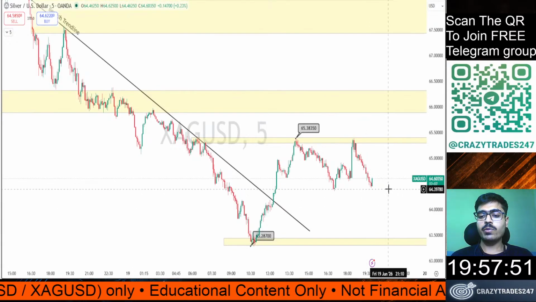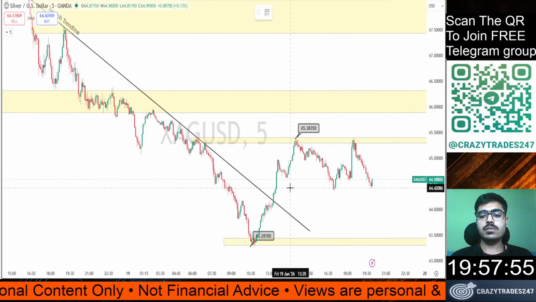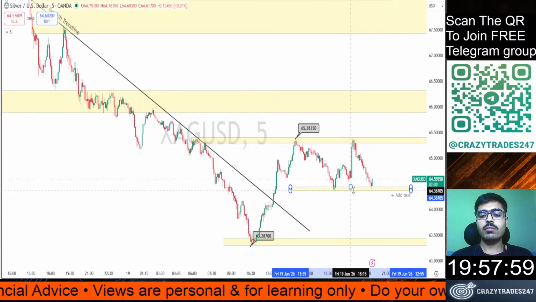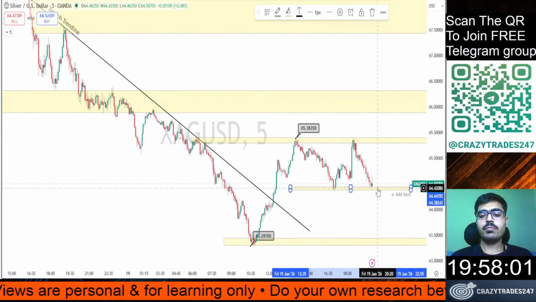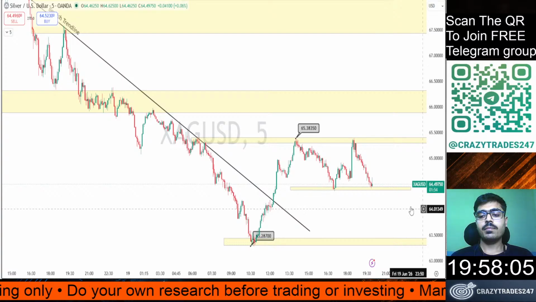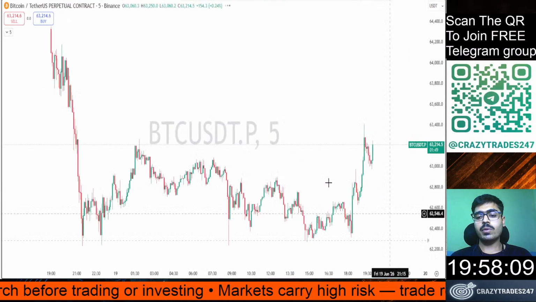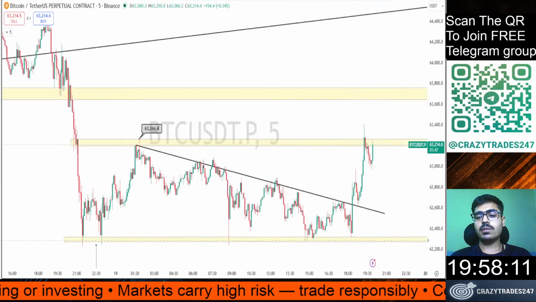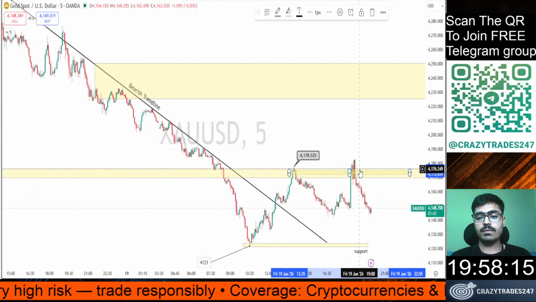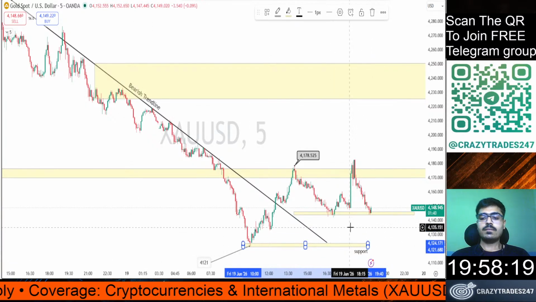On silver as well, we are witnessing this bounce. So it would be fine if we draw a support level here. Let me copy this support level from silver and put a similar support level on gold as well. Yes, now it's fine.